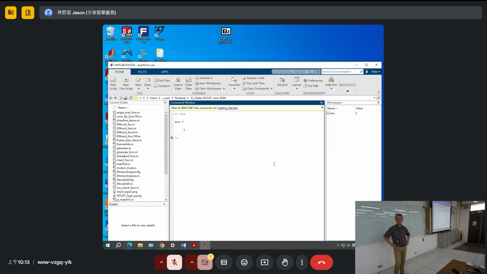Are we here? How many of you have used MATLAB before? 1, 2, 3, 4, 5. It is quite convenient, and many laboratories use MATLAB or Python.